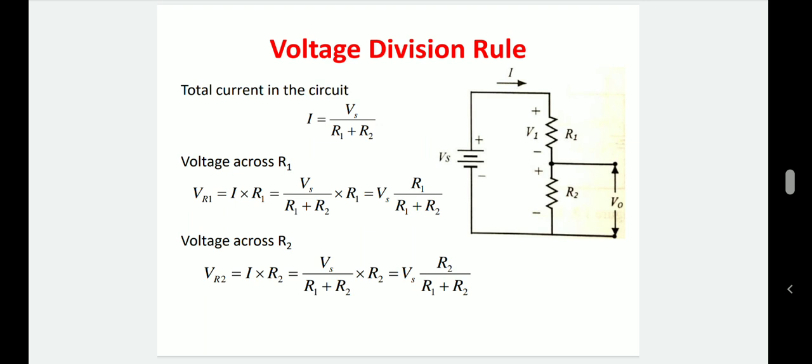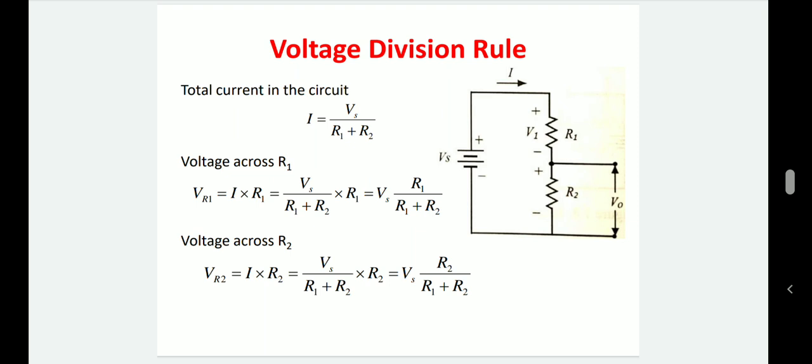First we find the current flowing through the circuit. For that, we need the equivalent resistance. Here R1 and R2 are connected in series, so R1 plus R2 is the total resistance of the circuit, and we can find the current as Vs divided by the total resistance. Then that current into resistance R2 gives the voltage across R2. So this is the common procedure we follow.